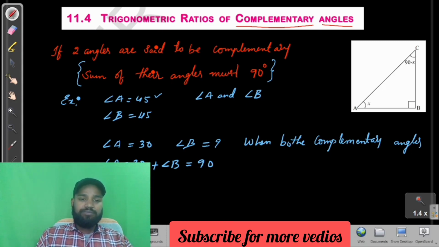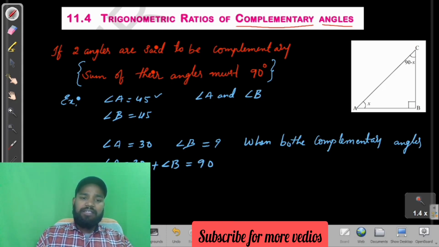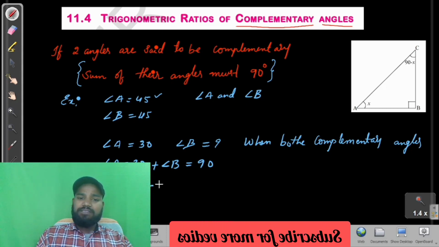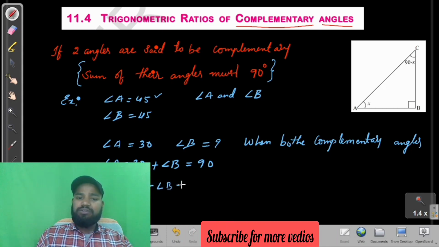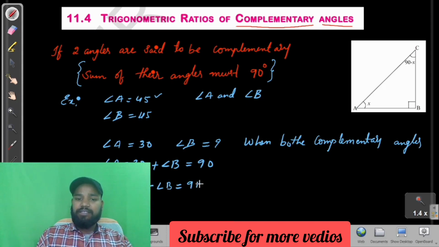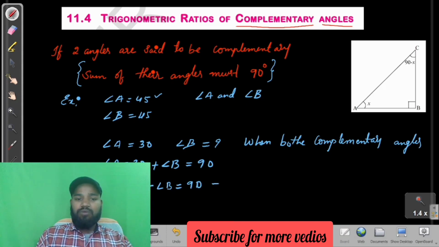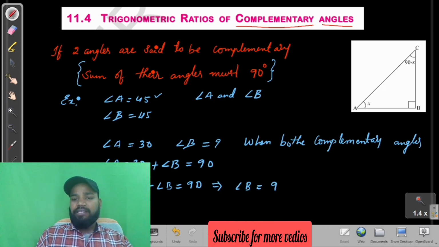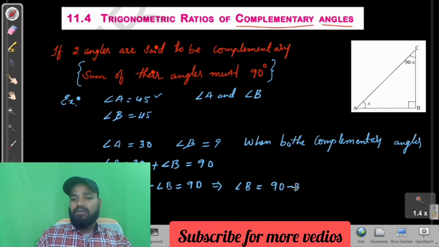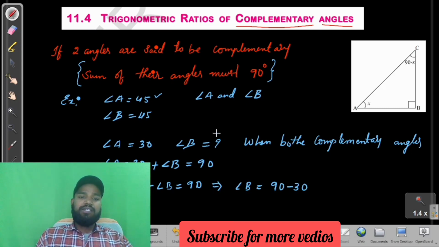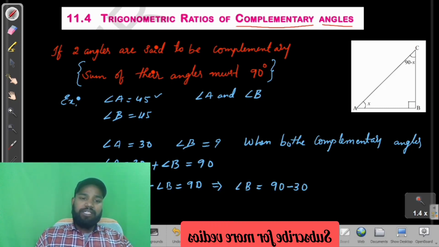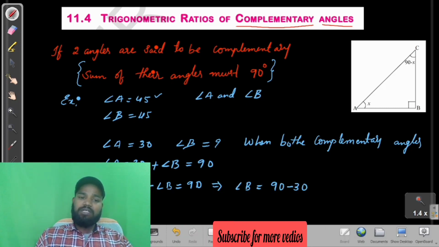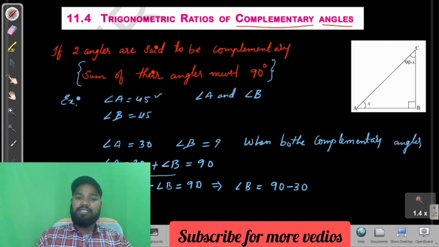Now see here: 30 plus angle B equals 90. Now what should I do? Angle B equals 90 minus 30. How am I doing 90 minus 30? I am sending this LHS part towards the RHS side.